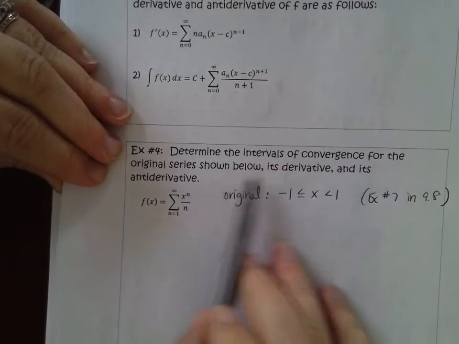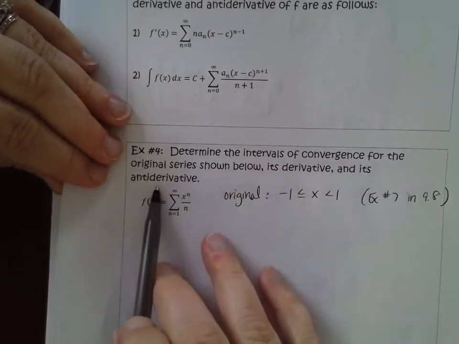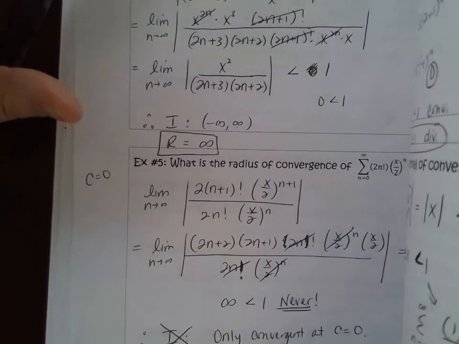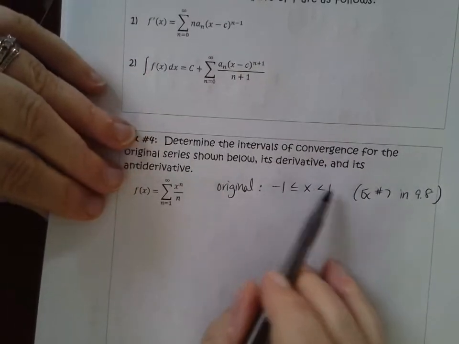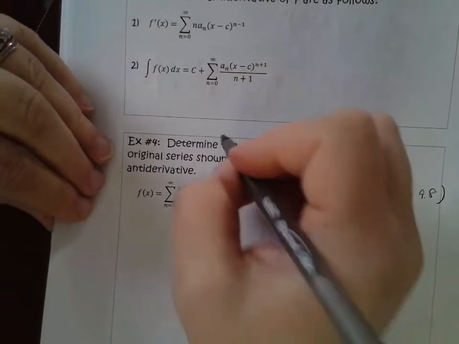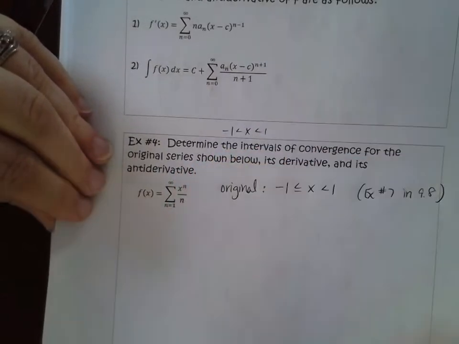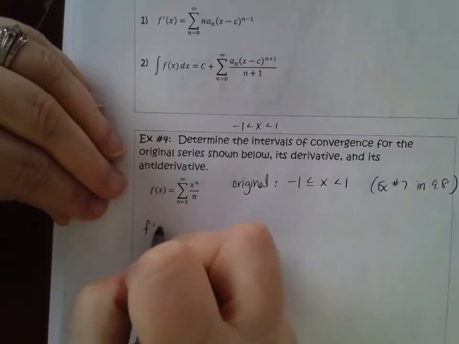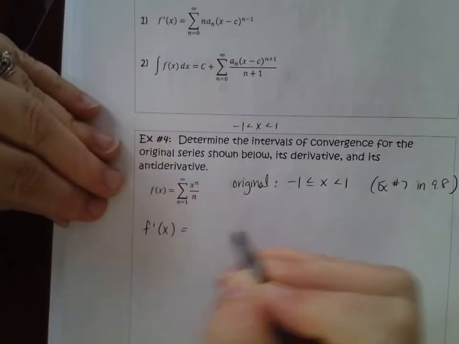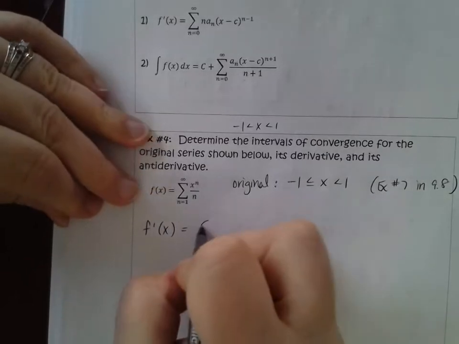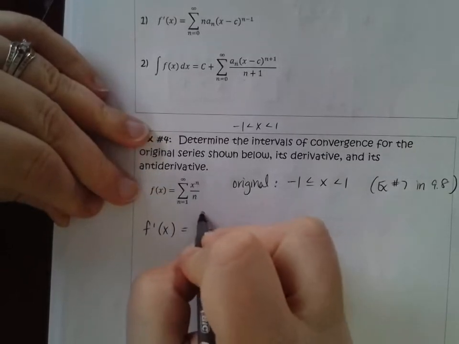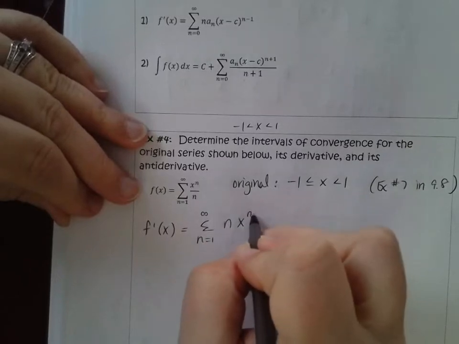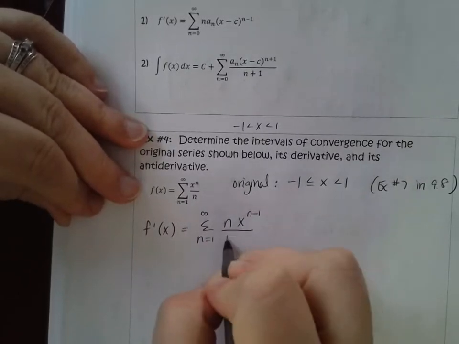And it says find its derivative's and its antiderivative's interval of convergence. So again, before I tested the endpoints, the interval of convergence was just -1 to 1. So keep that in mind. That interval of convergence is going to be there regardless. So the derivative would be as if I brought down n and raised x to the n minus 1.